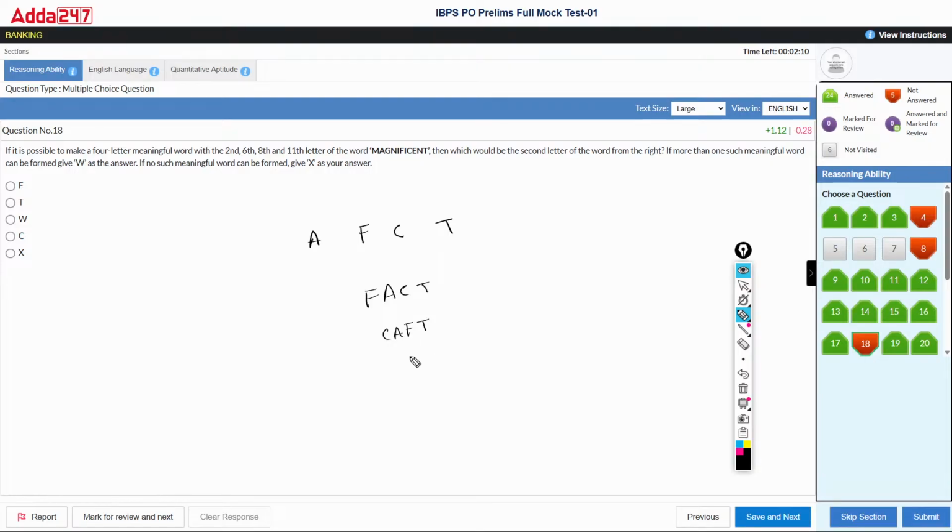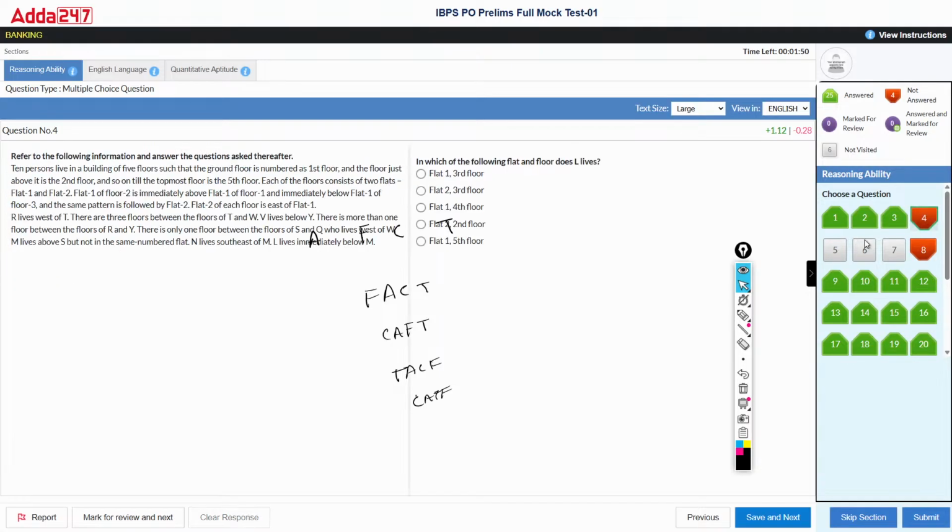Craft is not a fact. I think only fact. So what will be the second letter from the right? Second letter from the right, C. 10%. I don't think it is possible to do.